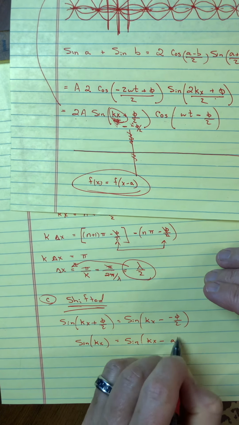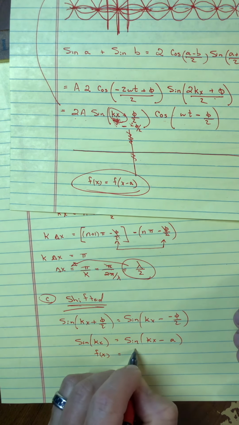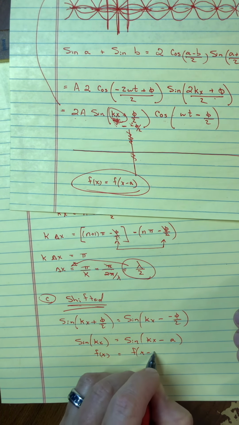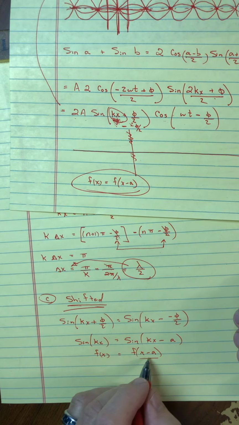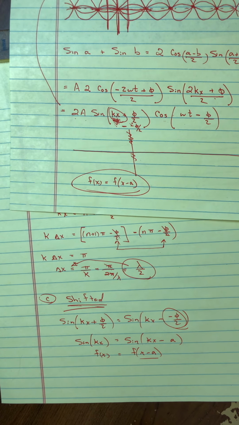That fits our pattern of f of x minus a, and that just means it gets shifted. So we could get shifted by a negative phi over 2, I guess, is the way I would answer.